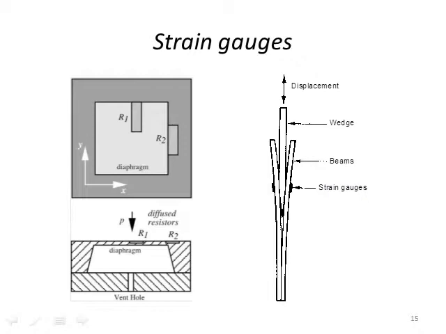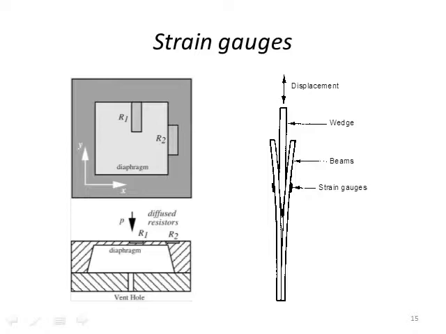And these are 2 examples of strain gauges. On the right, we will see this old-fashioned wedge type of displacement sensor, where we have this material that's kind of branching out and then a wedge that goes in between these, and a strain gauge is put onto these materials.